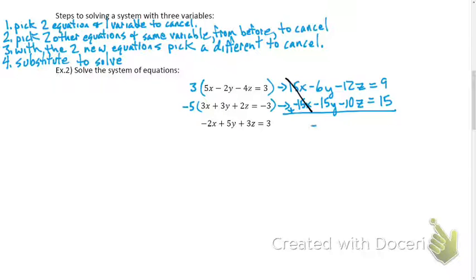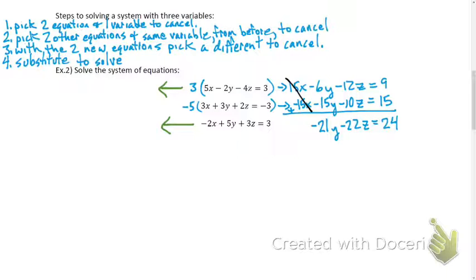We're left with negative 21y minus 22z equals 24. So that's step one. Step two, pick any two others. So I am going to change colors. I'm picking the first equation. Let's do it with arrows. And the third equation.